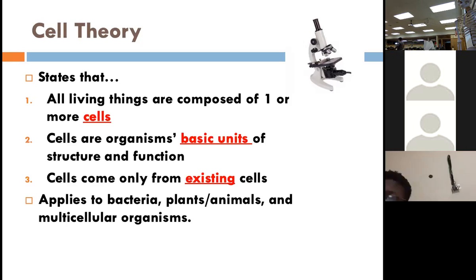That tree in the courtyard developed out of a seed. The seed is just an embryo of a plant, which is a cell, surrounded by a food source. All of you in this room started as a single egg cell fertilized by a sperm cell.